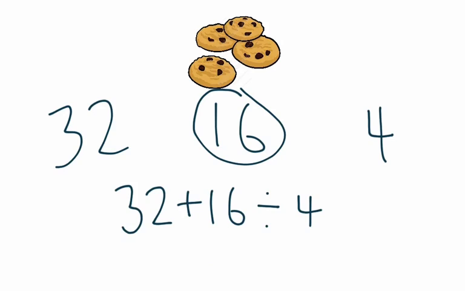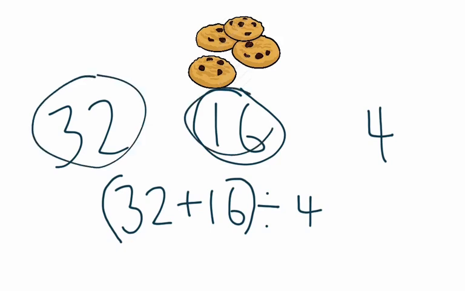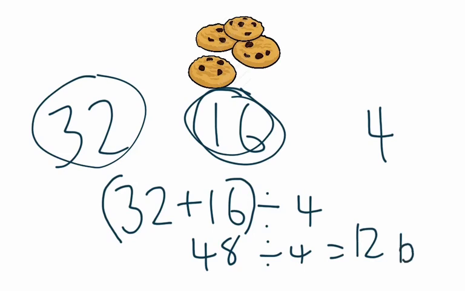So what do we know that we can do with 32 plus 16 in order to do it first? We have to put it in parentheses. Okay? So now we're going to take our totals of cookies, add them together, and get 32 plus 16 is 48. Then we're going to divide them by 4 and get an answer of 12 bags. Okay, so that was one example.